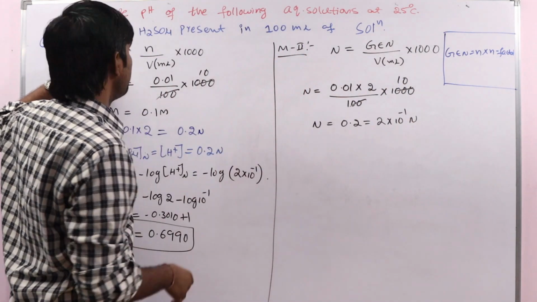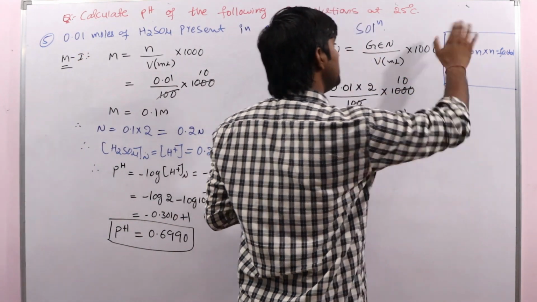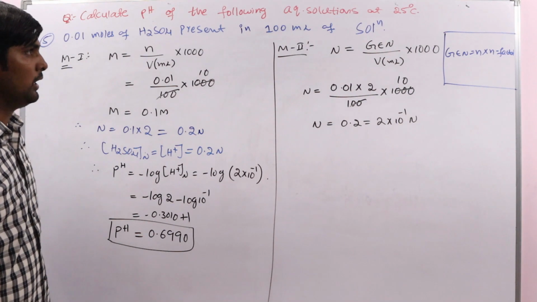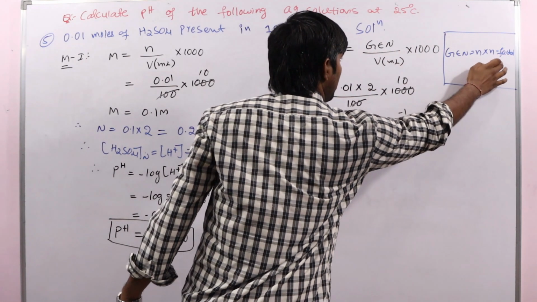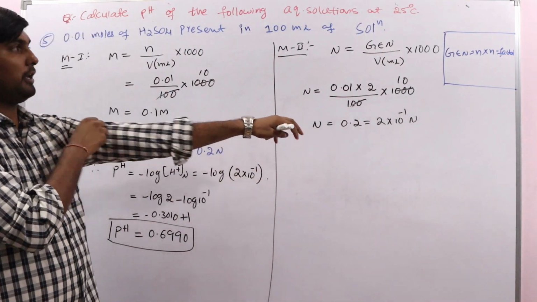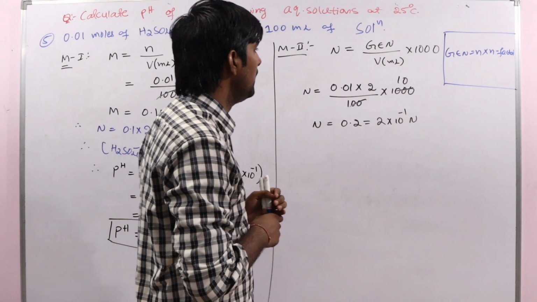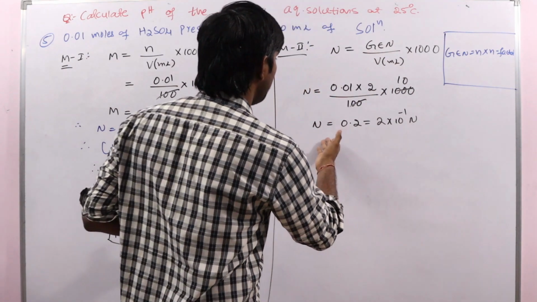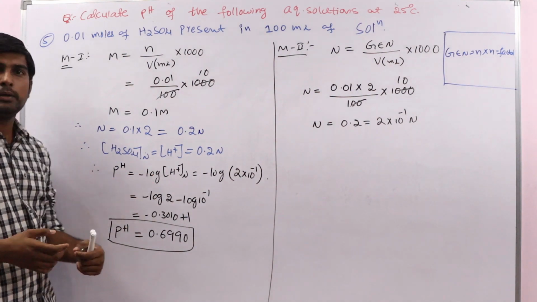Since the number of moles is given, number of equivalents is number of moles into n factor. Whatever it may be, you must know the n factor wherever you go, that is very important. We must know how to identify the n factor. Once you find the concentration, it is simple: substitute in the formula. Okay, clear?